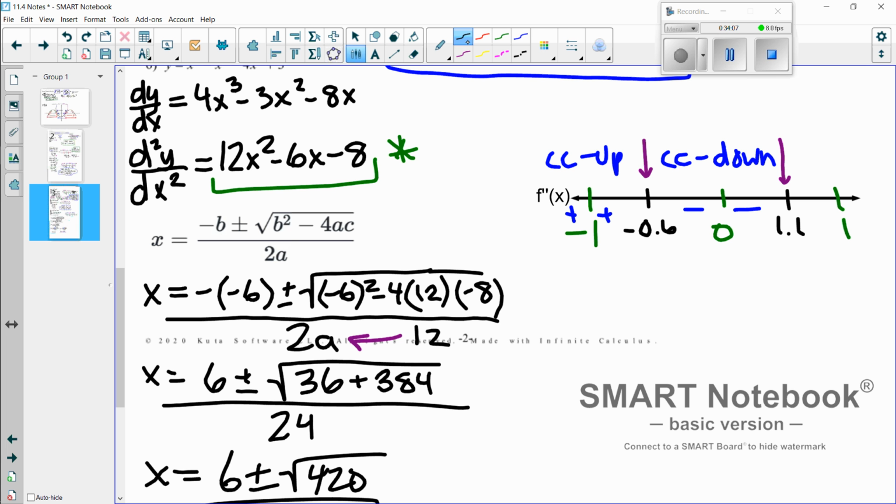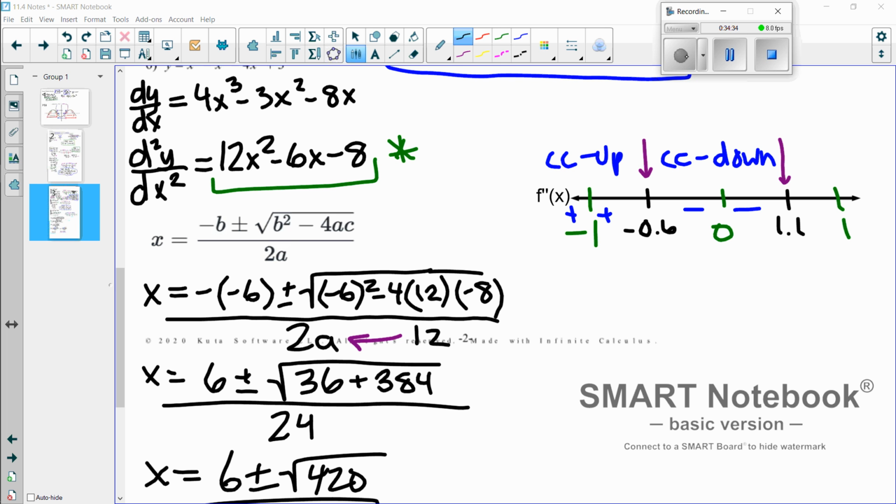Well, 1 squared is 1 times 12 is 12, minus 6 times 1 is 6, minus 8. Looks like to me we're getting a negative value there. Okay, definitely not. It's 12 times 1 squared, which is 12, minus 6, which is 6, minus 8, that's negative 2.